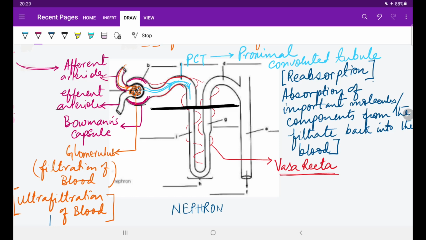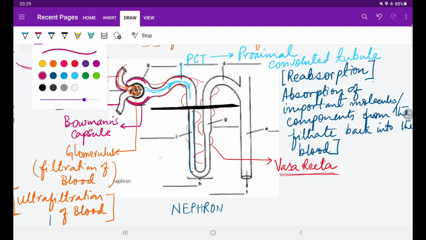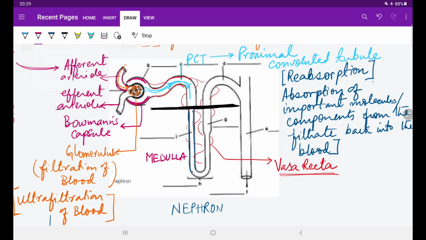As the PCT runs down, it becomes thinner. As you can see in the diagram, the PCT becomes thinner, and this thin tubule runs long and down into the kidney. Which region is it? This is called the medulla region, and this long thin tubule which runs down into the medulla region is called the loop of Henle.